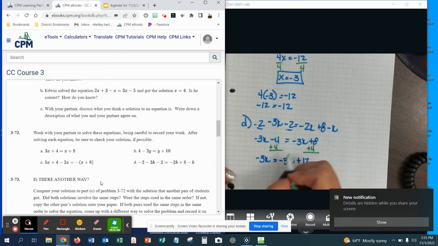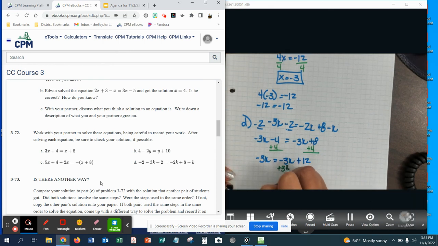Now, I need to move this 3k over to be positive. And look, they cancel each other out. So now you have 0 equals 12. So this is a no solution. They need to equal each other to be a solution.